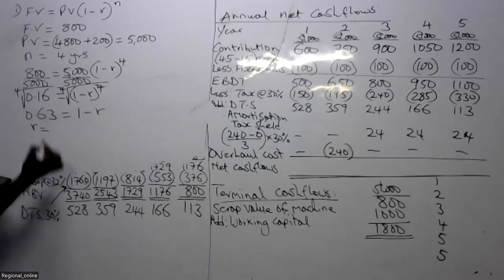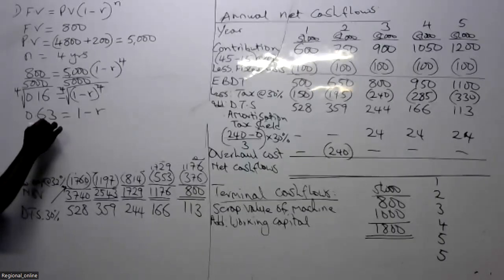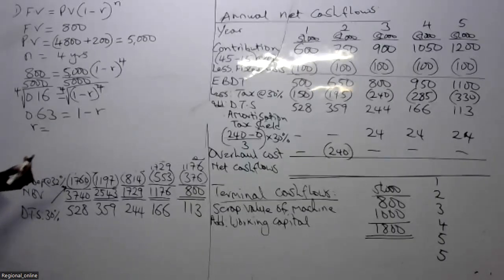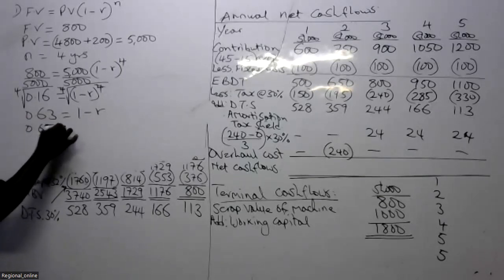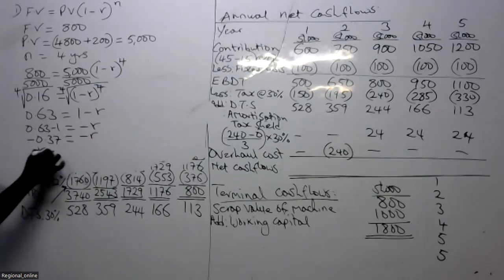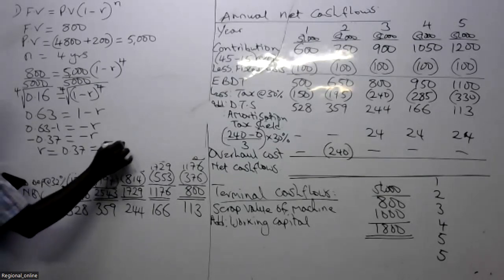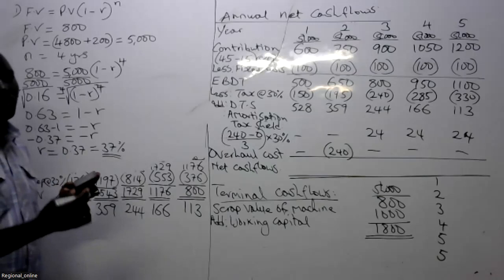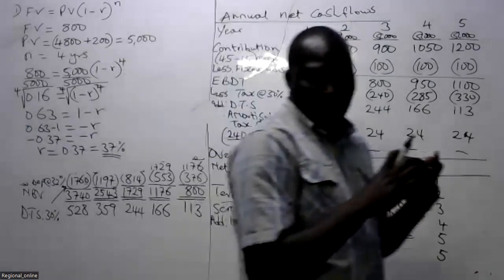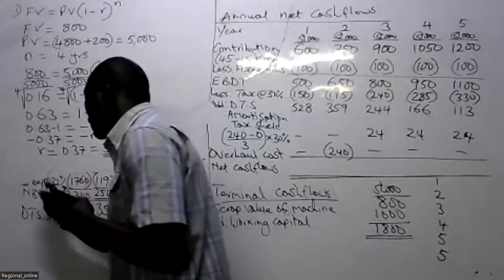So r equals 0.63 minus 1, equals minus r. So this is minus 0.37. So r equals 0.37, or you can say 37%. Now you know our depreciation rate. So here we have 37%. The examiner did it and got 32%, so the question we have done is ours.